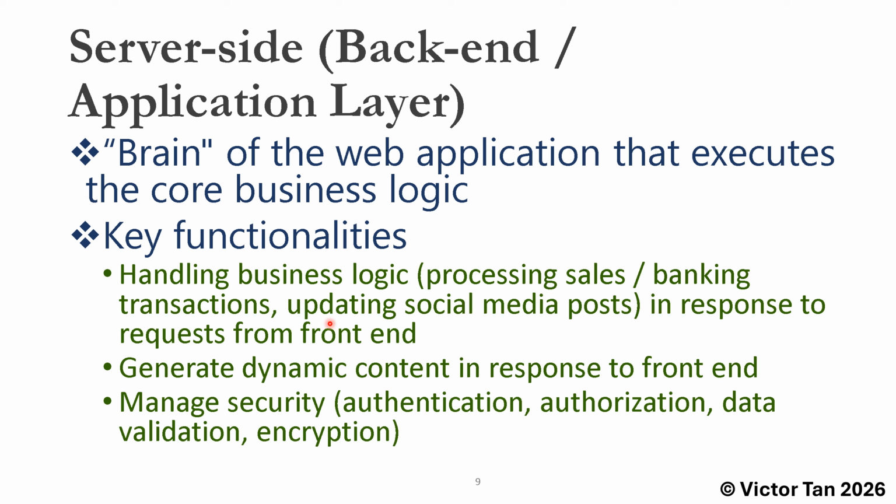And it will also generate dynamic content in response to these requests, and then return it to the front end. And most importantly, of course, in today's world, you need to have security. So all the security aspects, such as authentication, authorization, validating the data that's been transferred from the front end, encryption of the connection, is all done by the server-side app.